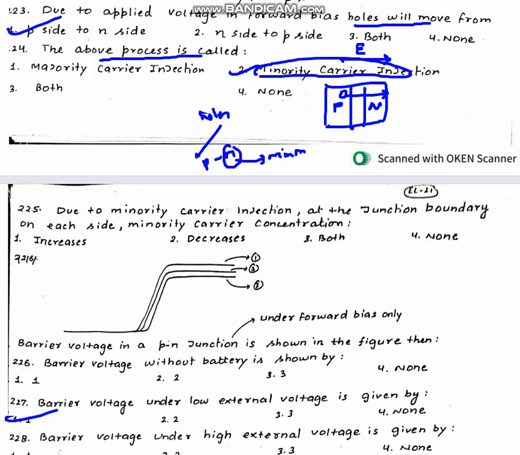So this is called minority carrier injection. Next is, due to minority carrier injection at the junction boundary on each side, minority carrier concentration, obviously it increases.